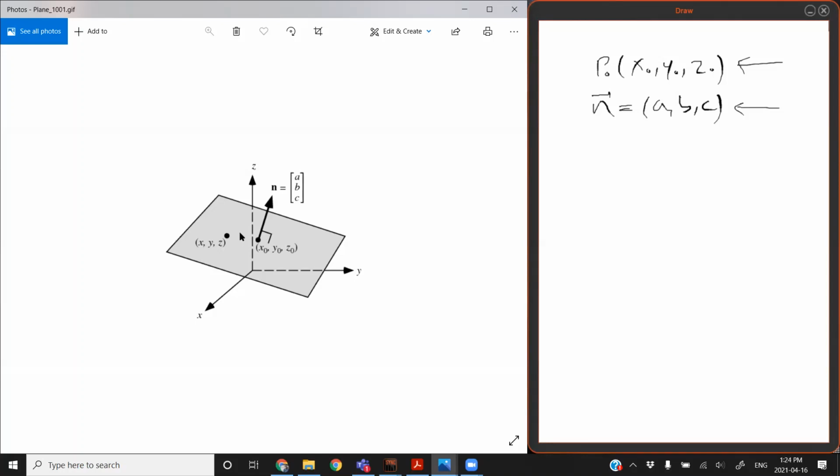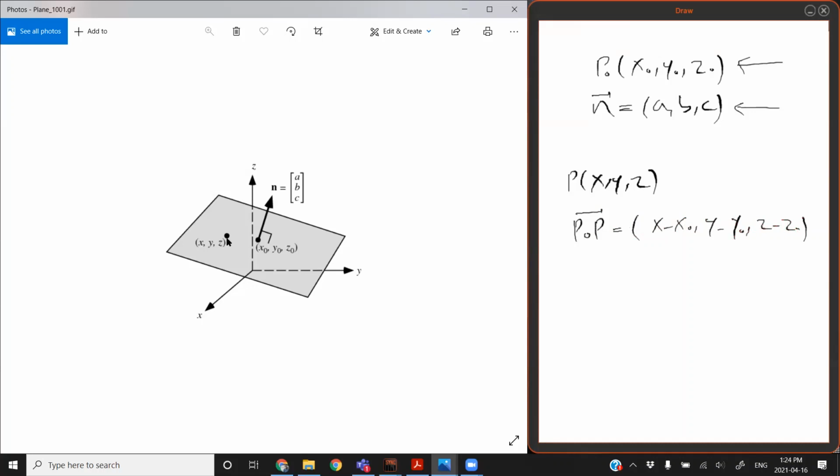Now, think of any point on that plane. Let's call that point P, X, Y, Z, which is an arbitrary point from that plane. Now, imagine the vector that goes from P0 to P. The vector P0P is going to be terminal minus initial: X minus X0, Y minus Y0, and Z minus Z0.